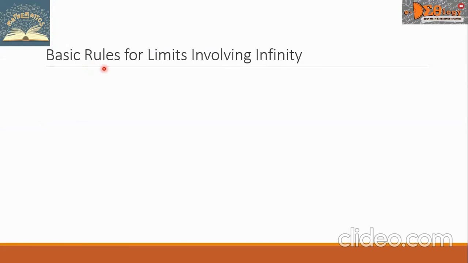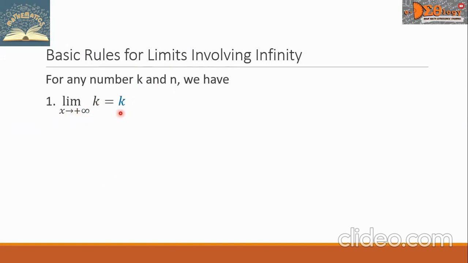Let us see the basic rules for limits involving infinity. For any number k and n, we have number 1, the limit of k as x approaches positive infinity. This is equal to k, the constant itself.